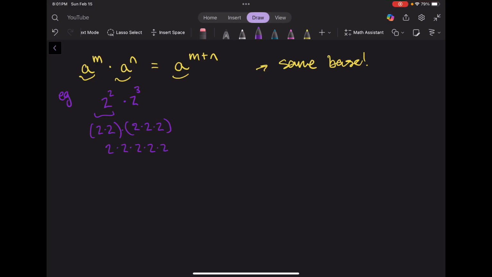I don't know if I said that 5 times, but I'm sure you get it. So then, does this look familiar? It does. It looks like 2 to the fifth power, just like any other exponent. So that is how we come across this conclusion. This is our first rule.